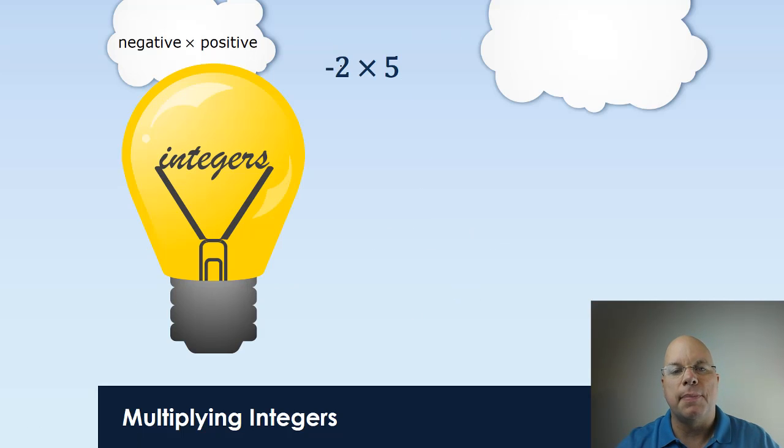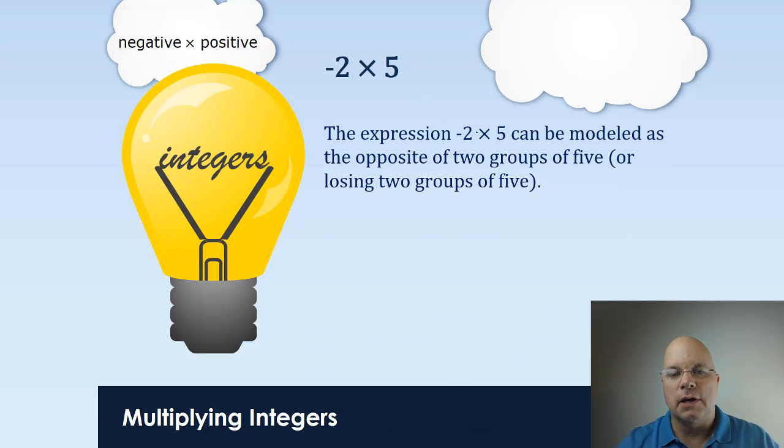A negative multiplied by positive, so we have negative 2 multiplied by 5. This can be modeled as the opposite, because negative means opposite. The opposite of 3 is negative 3. Negative is opposite, and if you think of it as opposite, it helps you understand a lot of these situations. So I'm going to think of this as two groups of 5.